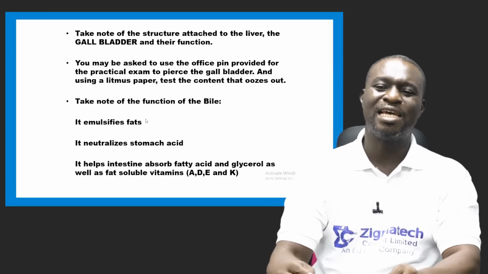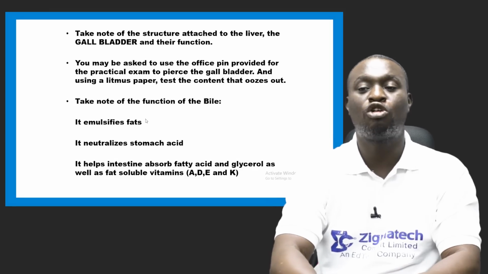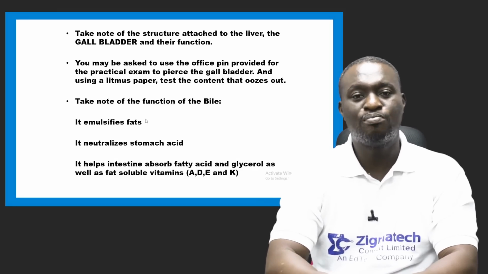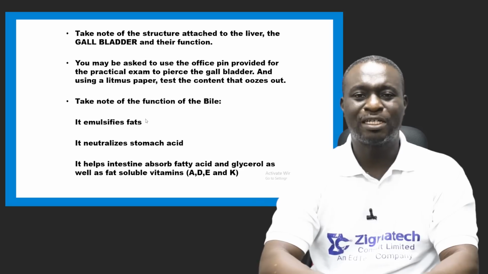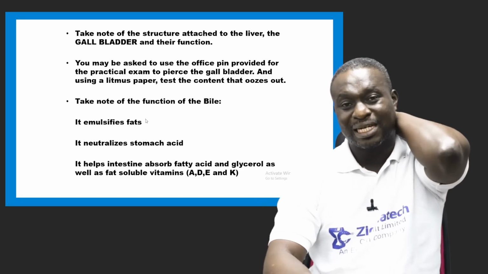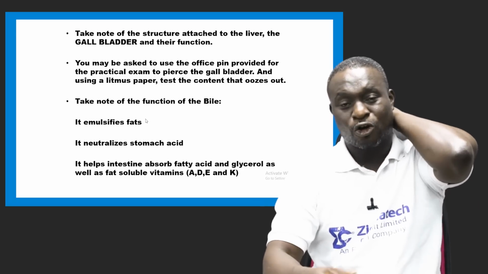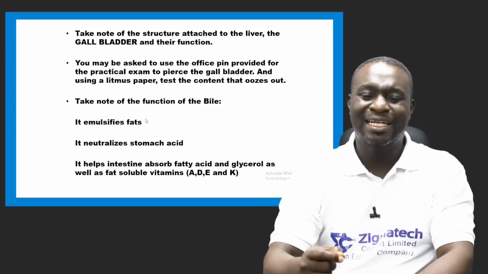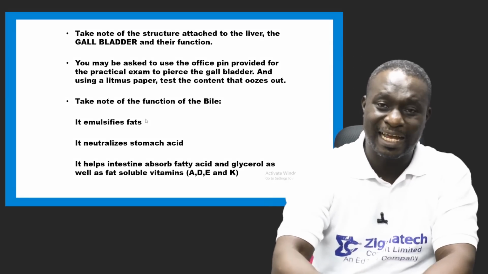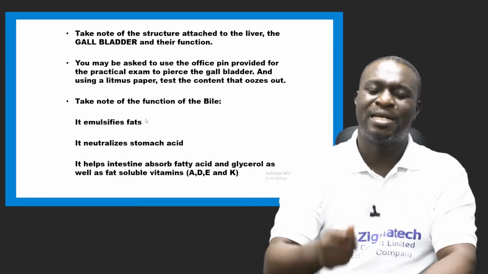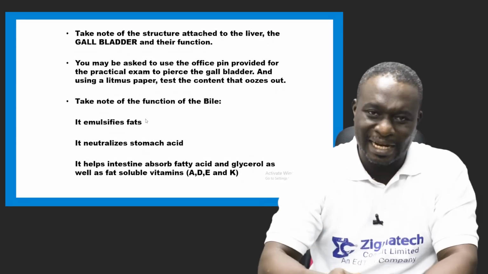Now, if it is a red litmus paper, it will turn blue. Now, when a red litmus paper turns blue, it simply means that that particular substance or content is alkaline. So please take note. The bile is alkaline.